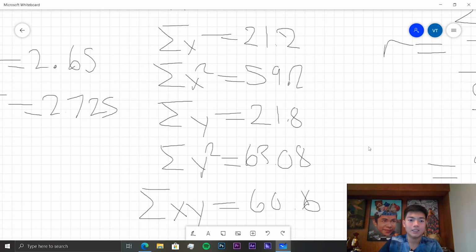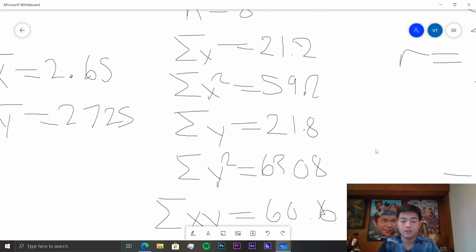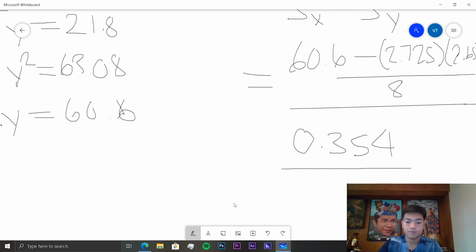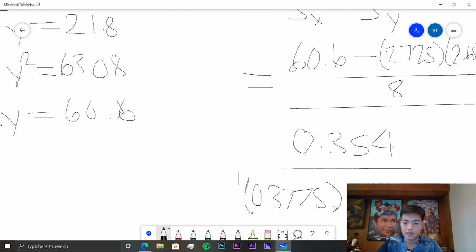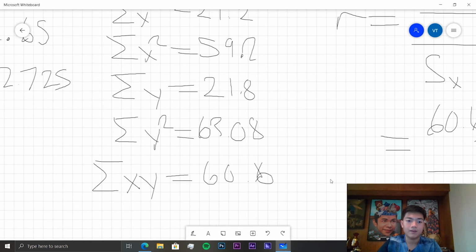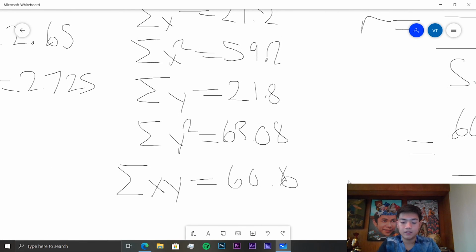So the standard deviation in x is equal to 59.2 divided by 8 minus 2.65 squared. So that's 0.3775. Times, and then we have 63.08 divided by 8 minus 2.725 squared.